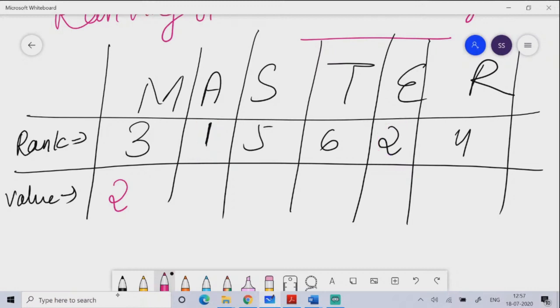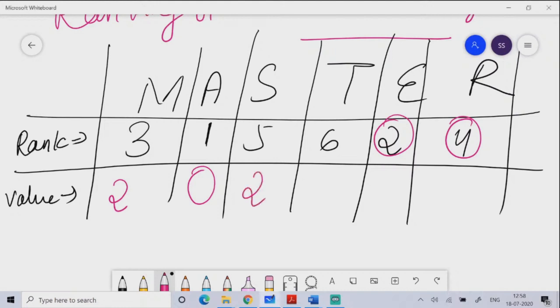Then see the right hand side of 1, how many numbers are less than 1? All the numbers would definitely be bigger than 1, so none. Then see the right hand side of 5, how many numbers are less than 5?